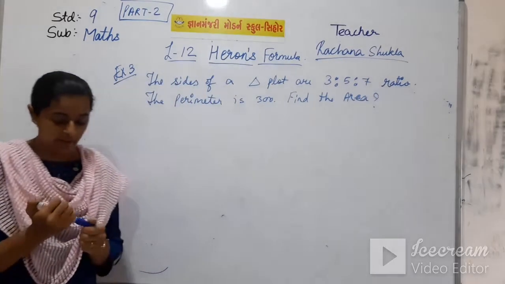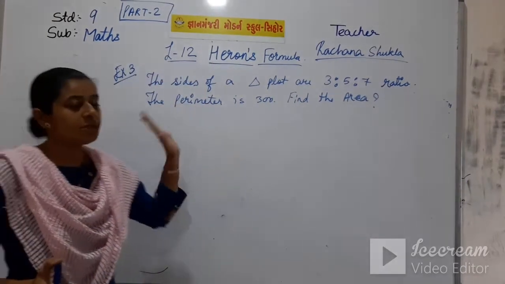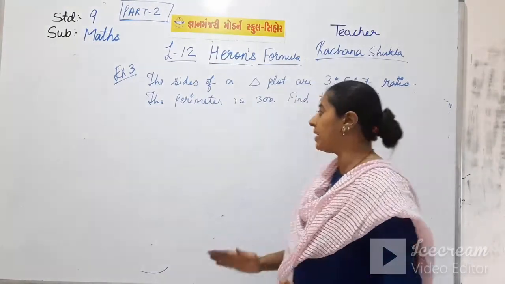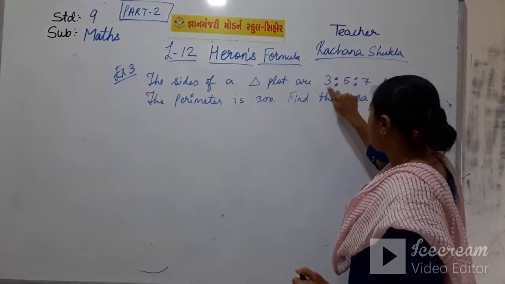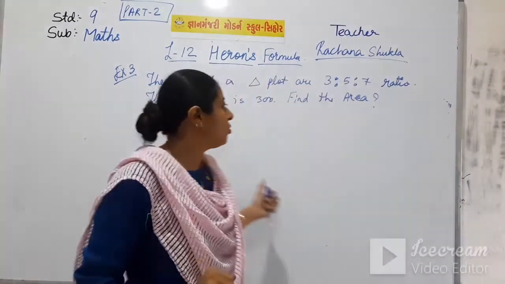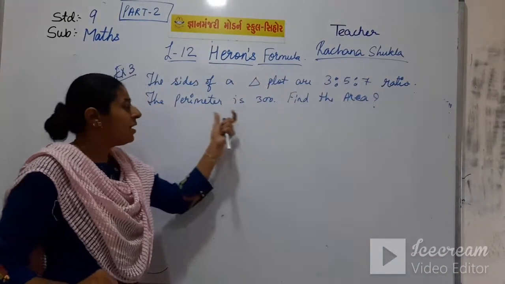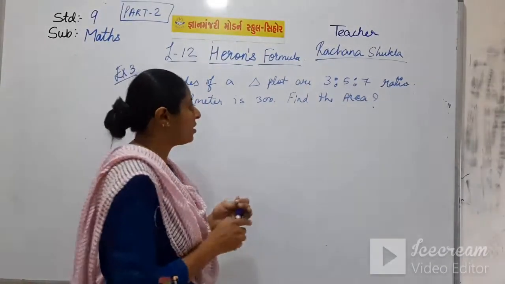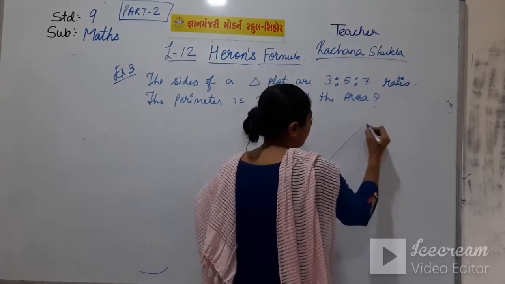You have to find the area of a triangular plot whose exact sides are not given but the ratio is given, that is 3:5:7, and the perimeter is given. Total of the sides is 300. So let's have a look at the figure.